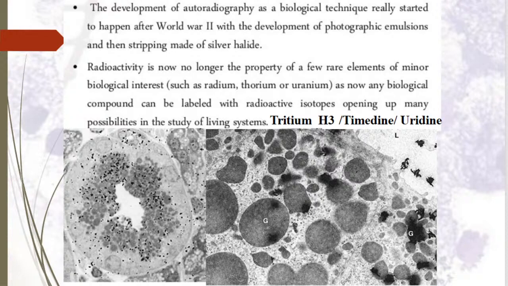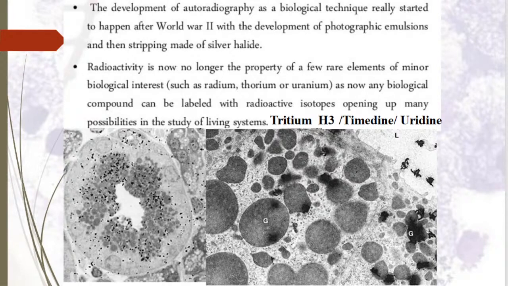Tritium can be used in special organic substances like thymidine and uridine. They are analogous to thymine and uracil in DNA and RNA molecules. For DNA we use thymidine, for RNA we use uridine.